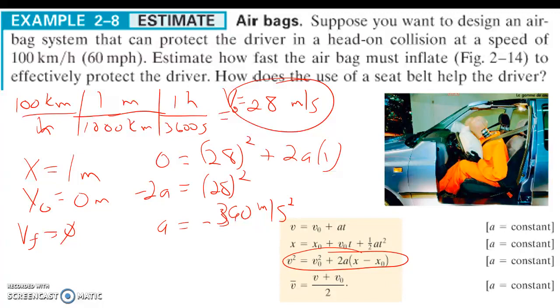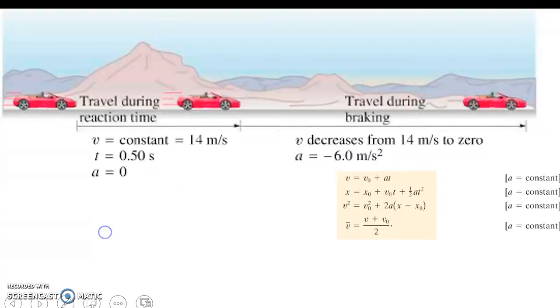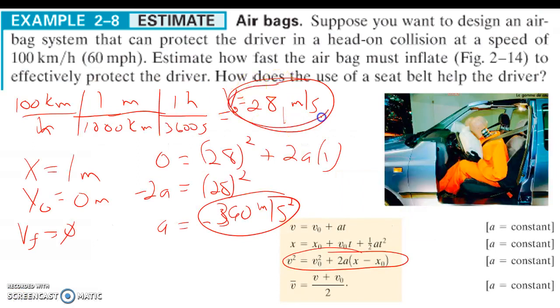Now, once we know that, let's see what our time frame is for this. Okay, so we know acceleration, and we know our initial and final velocities. So now we can go to this equation.